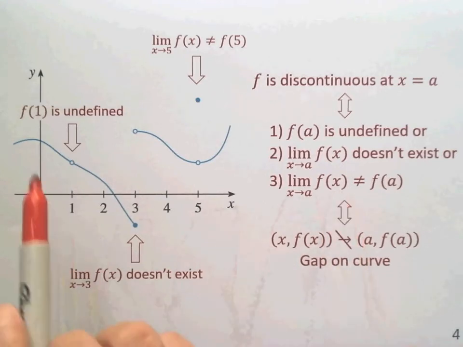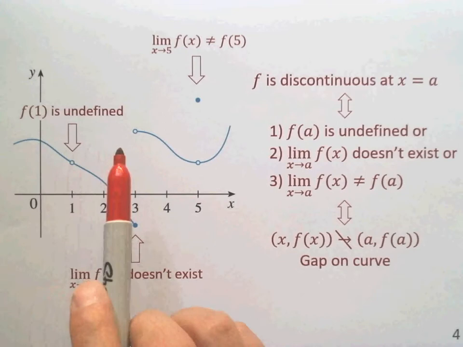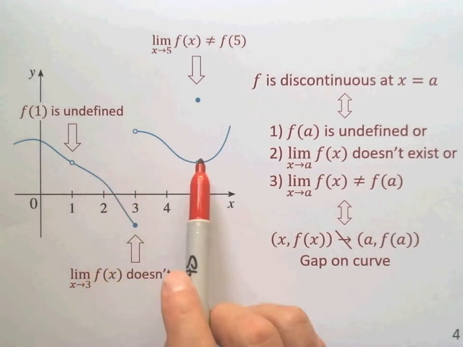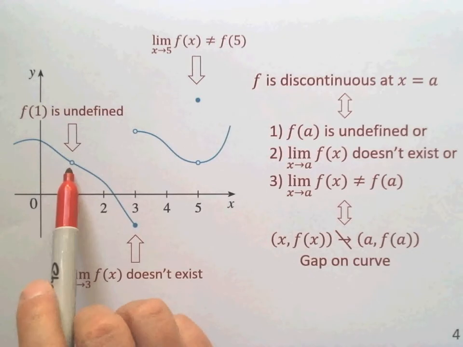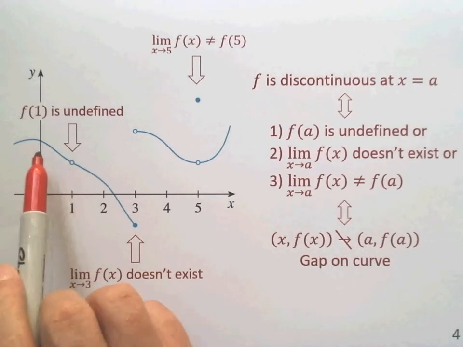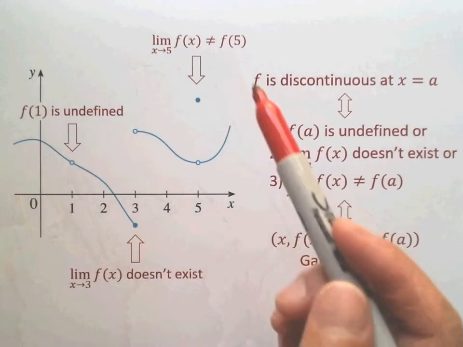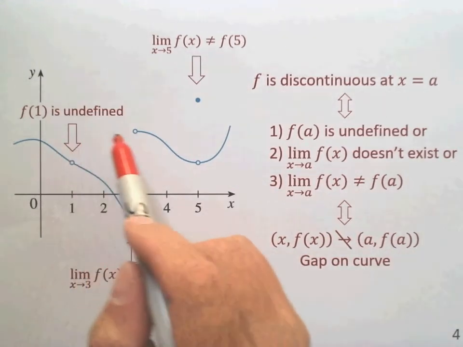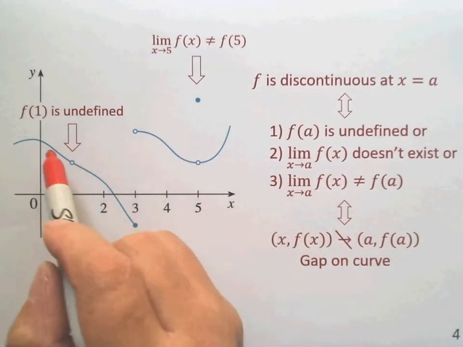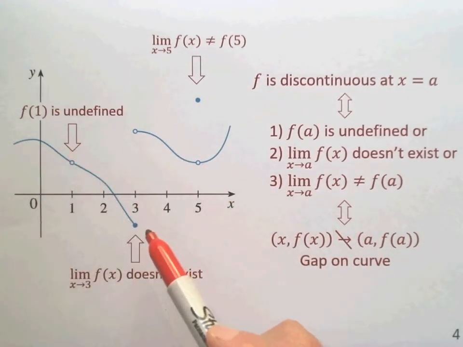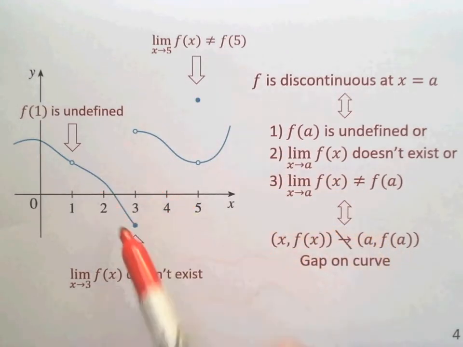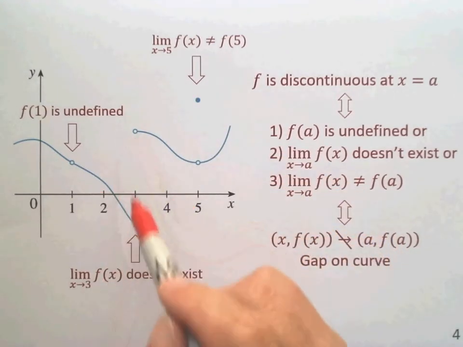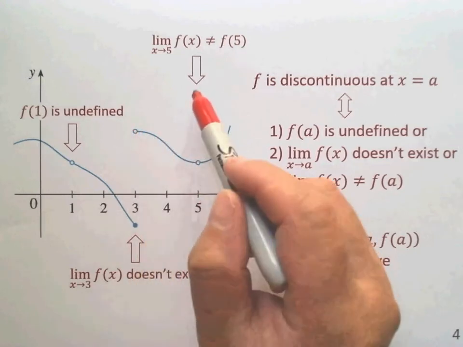No matter whether it's example 1, 2, or 3, we all see a gap. If you draw a line, you cannot go smoothly from left to right. You have to jump and lift off your pen. The second is a jump, a big gap. Here is also a gap.